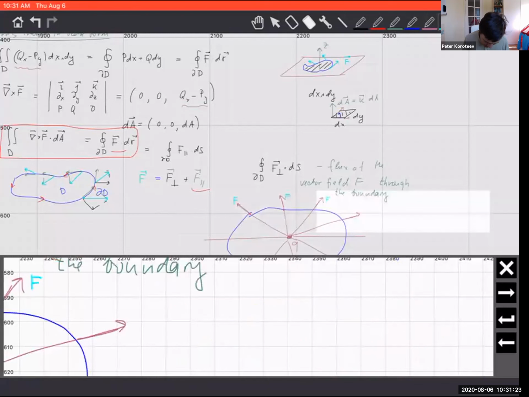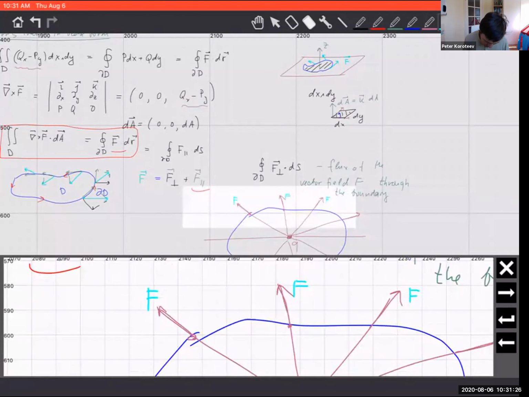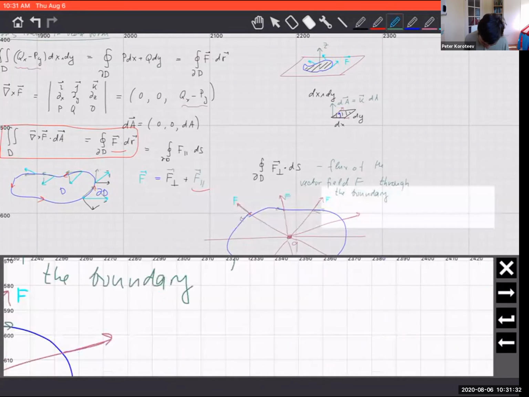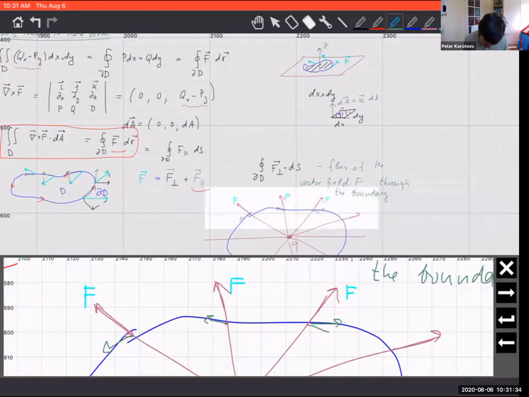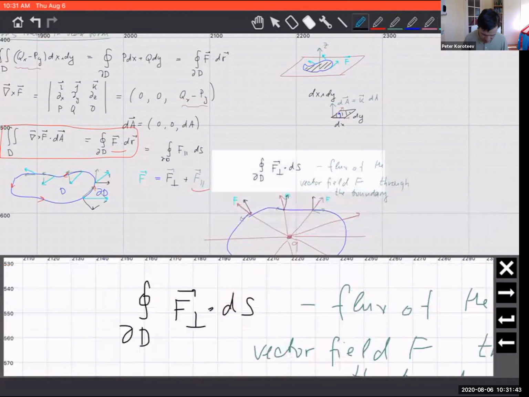And then we can decompose F into tangential and normal components. If you only look at the normal component, that's the definition of the flux.